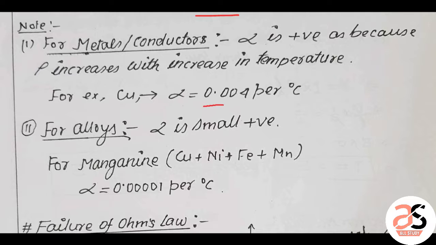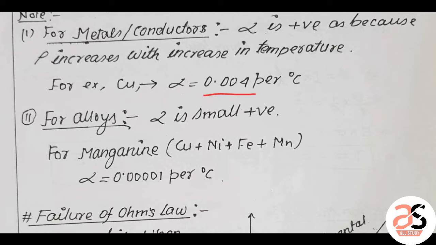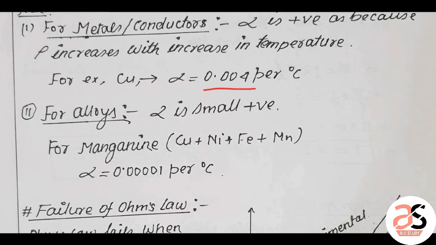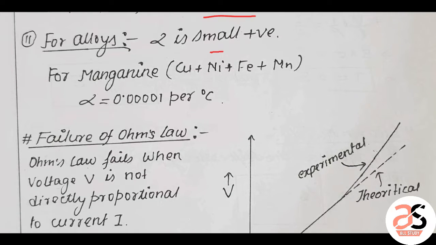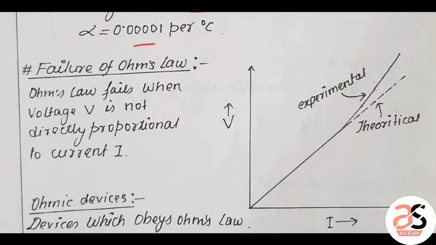For example, for copper it is 0.004 per degree centigrade. For alloys, alpha is small but positive, for this 0.0001 per degree.